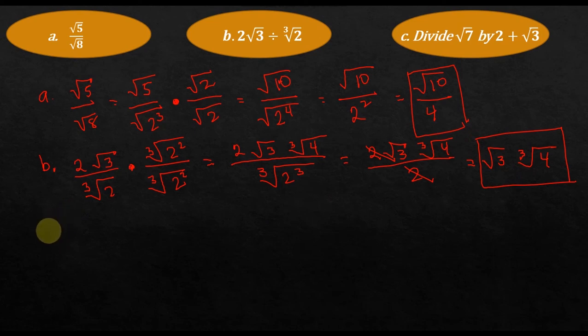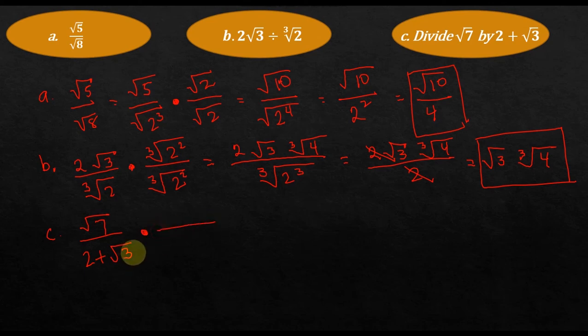Last, letter C. Divide the square root of 7 by 2 plus square root of 3. So, as you can see, the denominator here is a binomial. So, all you have to do is to use the conjugate pair.